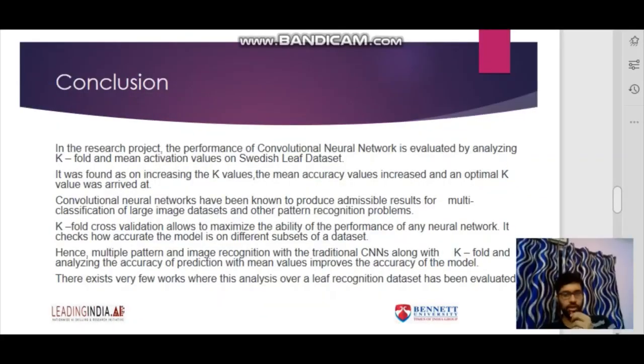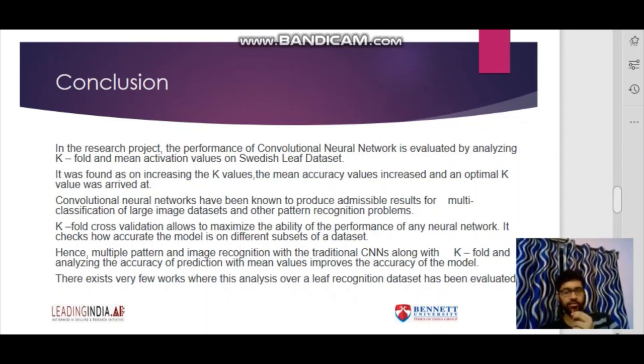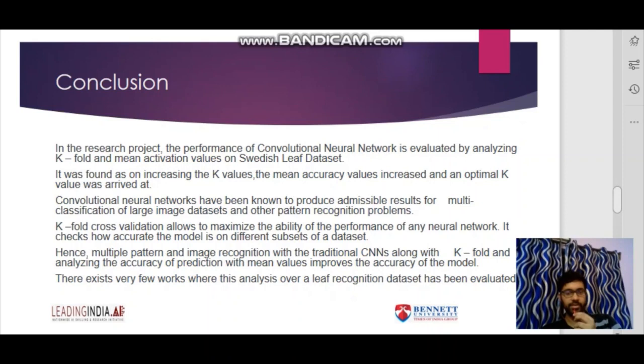To conclude our project, we worked on the Swedish leaf dataset, which had 15 classes of different leaves, each having 75 images. After pre-processing, we arrived at 4,800 images in the training set, 1200 images in the validation set and a further 1200 images in the testing set.